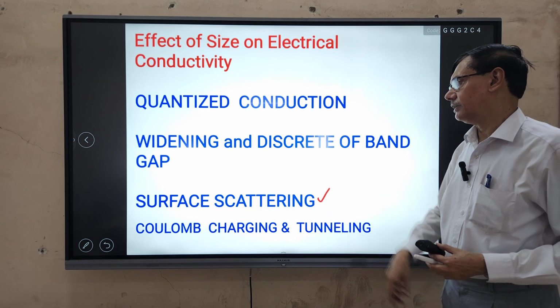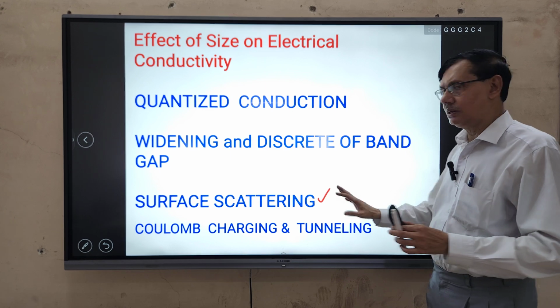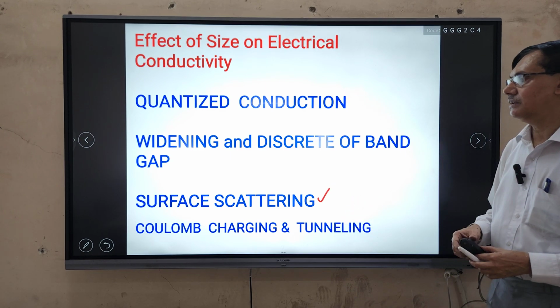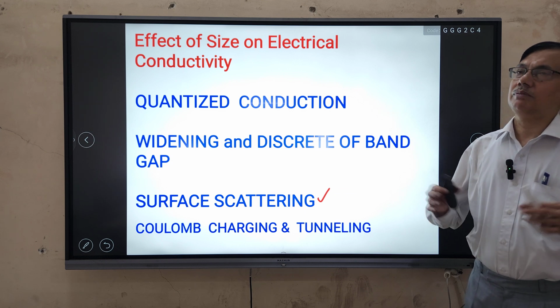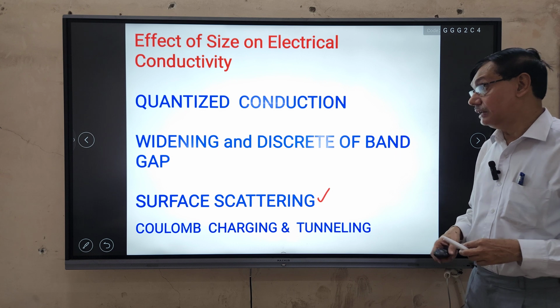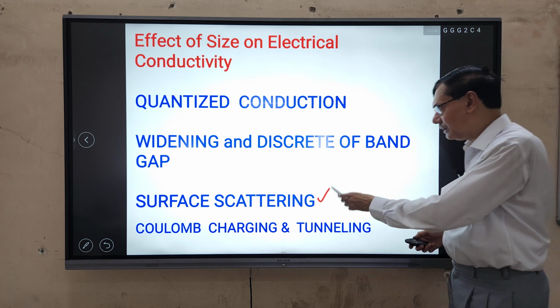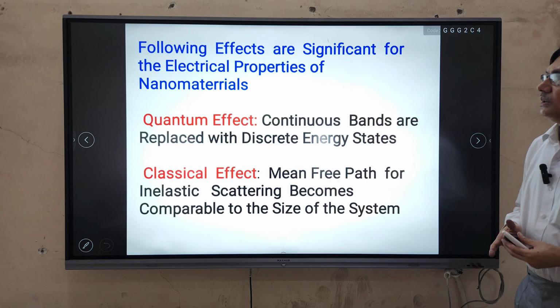And there is Coulomb charging, and I will not discuss the tunneling effect and other things today. I will concentrate only on these two: quantum confinement and surface scattering. There are many types of scattering. You know elastic scattering or inelastic scattering, but inelastic scattering is particularly important in the thermal property.